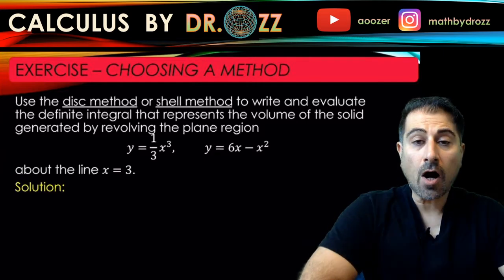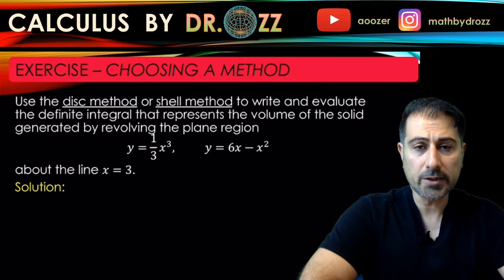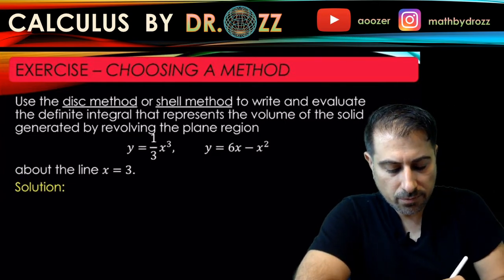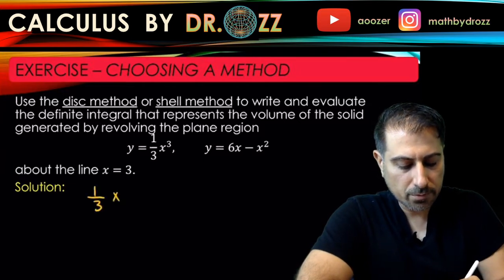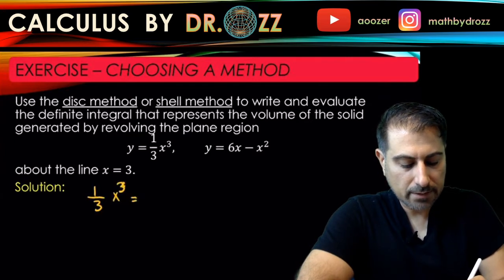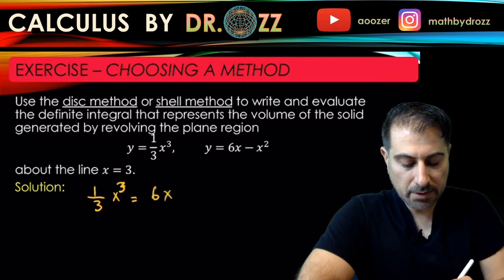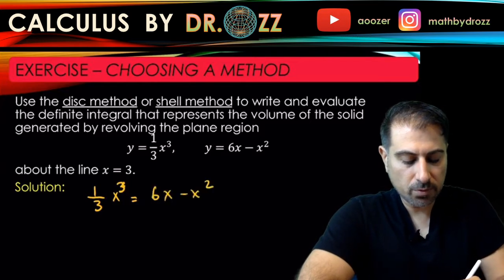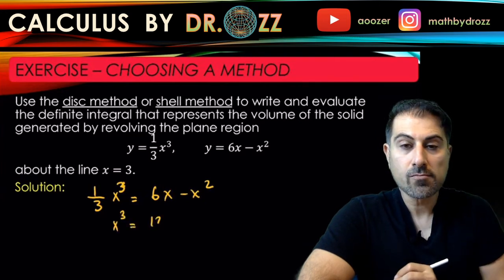First off, let's find the intersection points. I'm going to solve this by setting 1/3 x cubed equal to 6x minus x squared. Let's multiply both sides by 3, so x cubed equals 18x minus 3x squared.